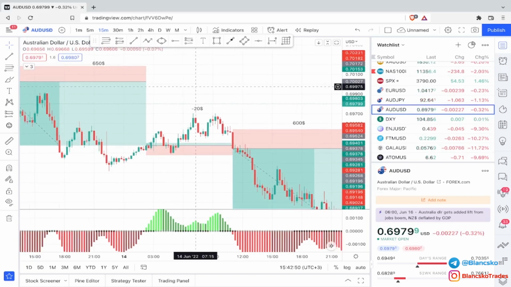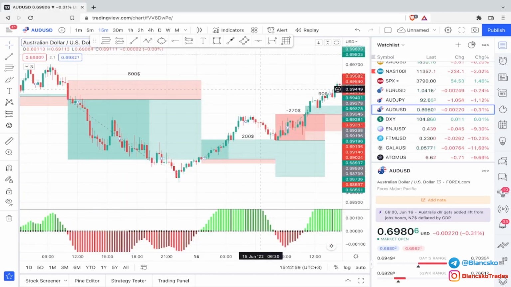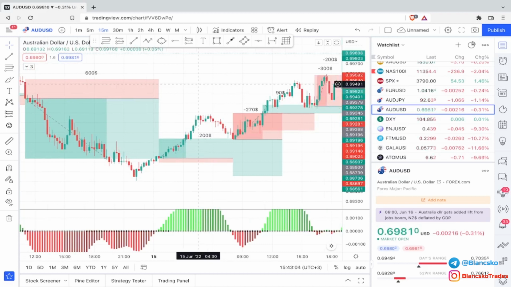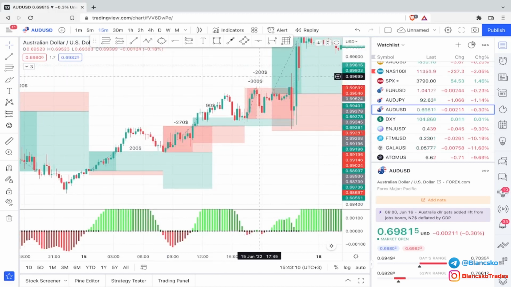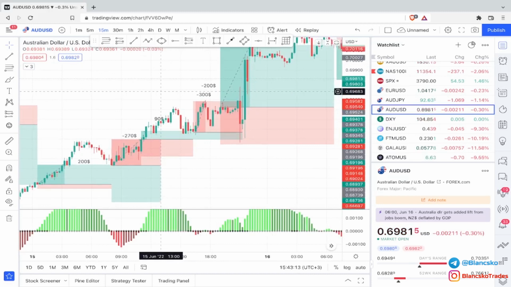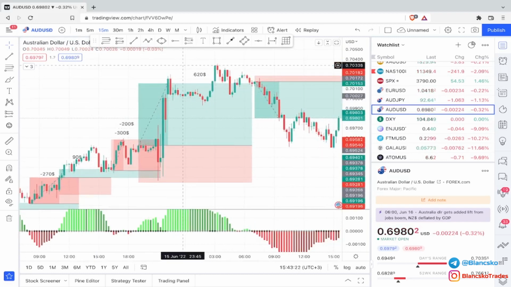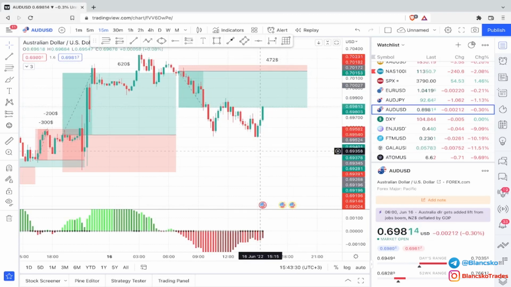Okay, so we have 650 minus 20 plus 600 plus 200 minus 270 plus 90 minus 500, because these two were negative, minus 500, plus 620, and I'm not gonna count this one because it's still running, okay?